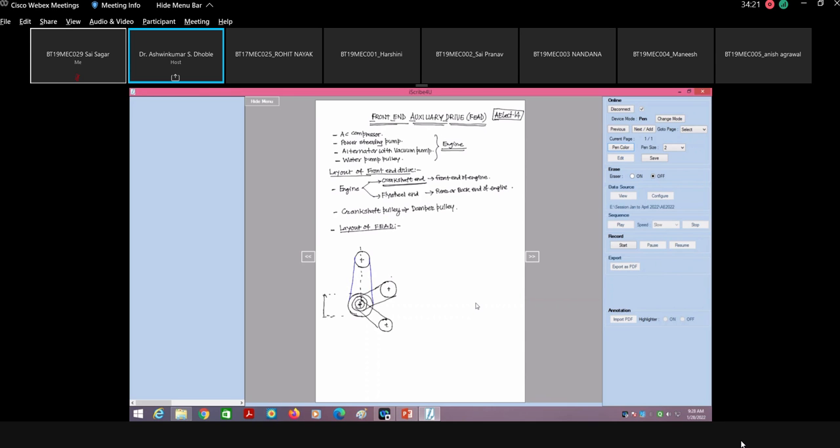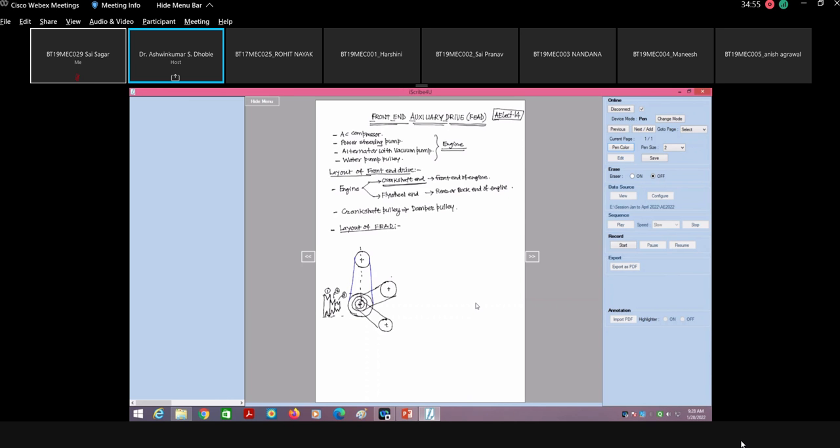Just for your understanding I am drawing this. Then the smaller pulley. So this is the outer pulley, then the inner pulley, and this is the last pulley. So this is the side view.